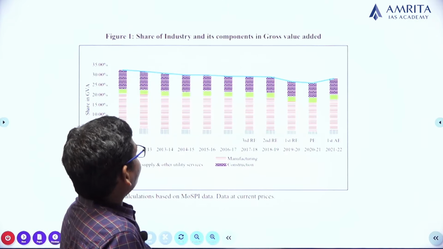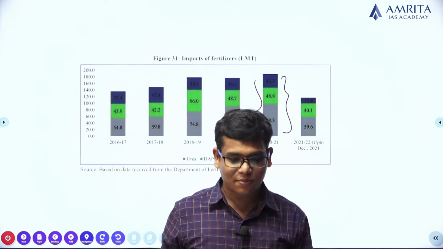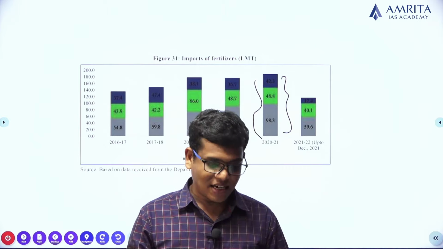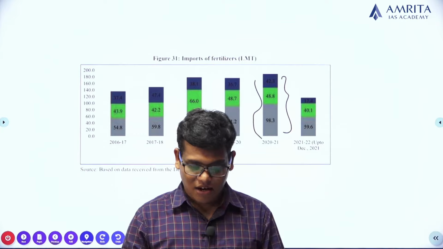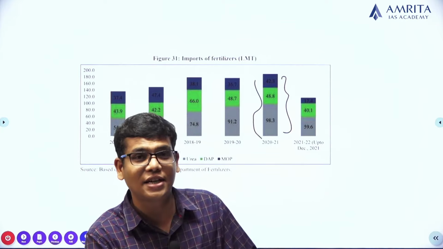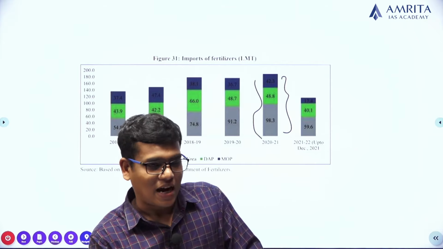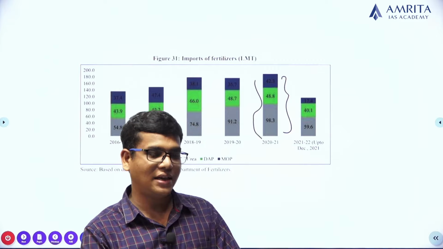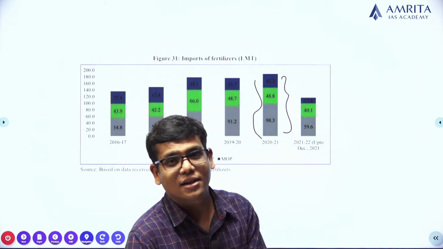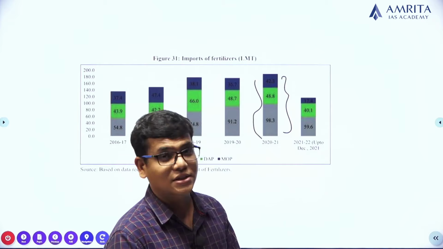Next, this is something about different aspects or the sectoral performance of agriculture and its allied sectors. You have seen their share in GVA and their growth rate in the overall growth rate of the sector, and the increase of milk, eggs, meat, and even the performance of the food processing industry sector.